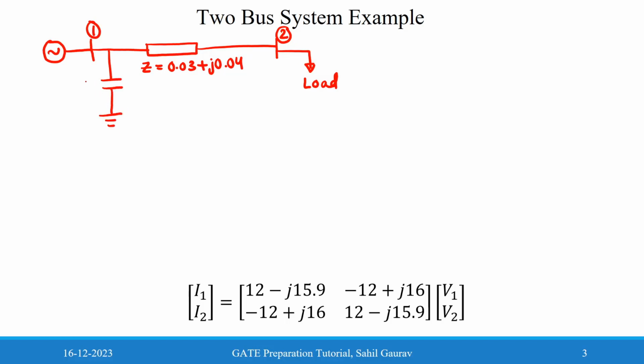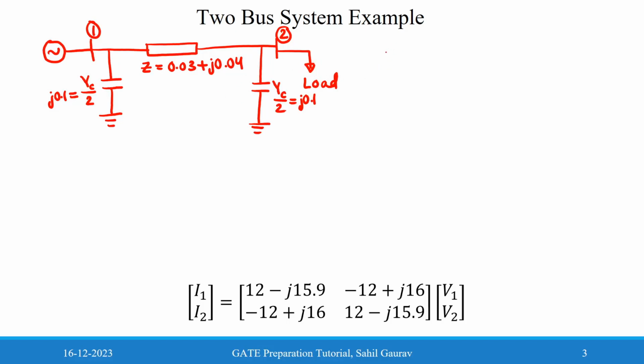The shunt admittance YC divided by 2 is j0.1. Now let us first make the equivalent electrical schematic of this two bus system.